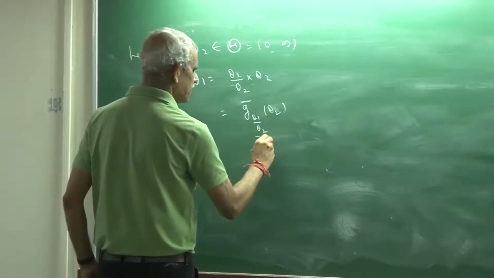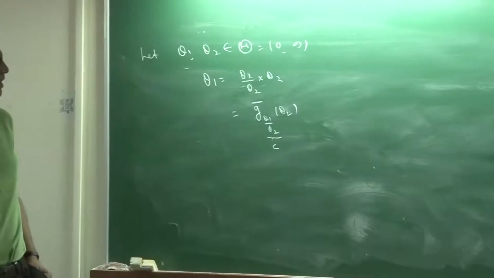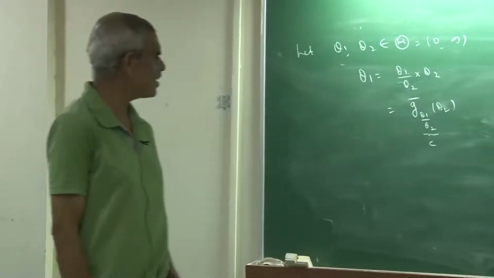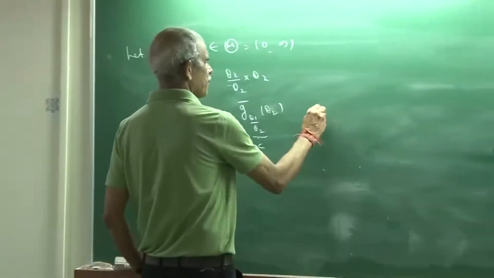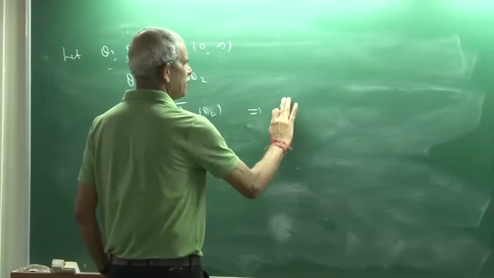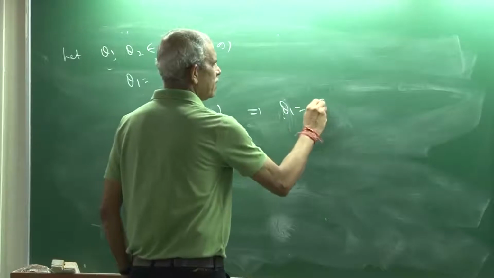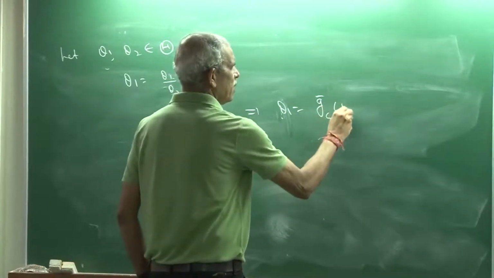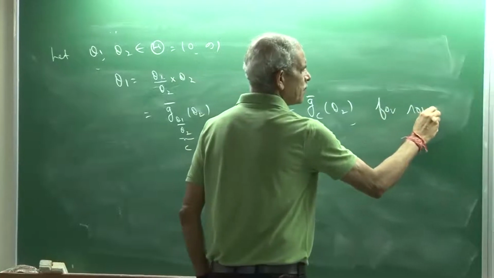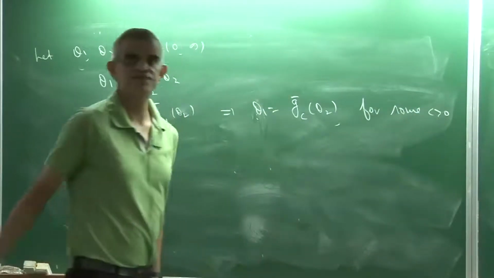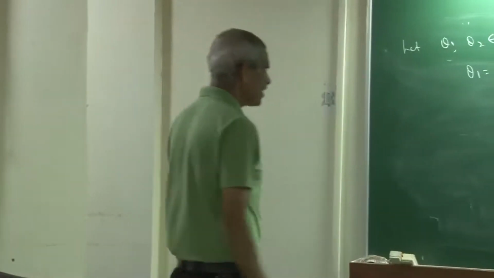So this is same as C. So that means theta 1 is G bar C of theta 2 for some C greater than 0. What does that mean? That means G bar acts transitively.